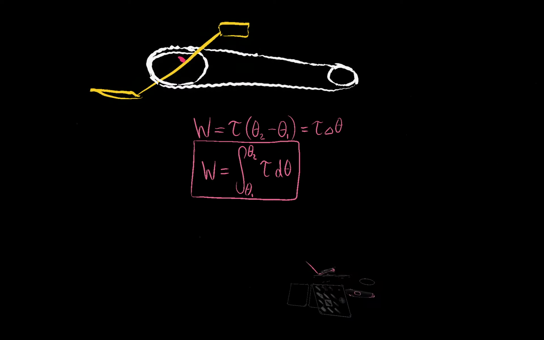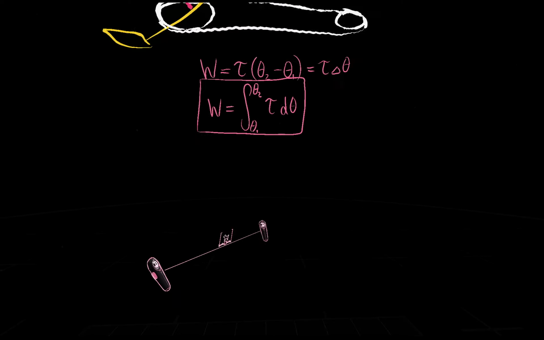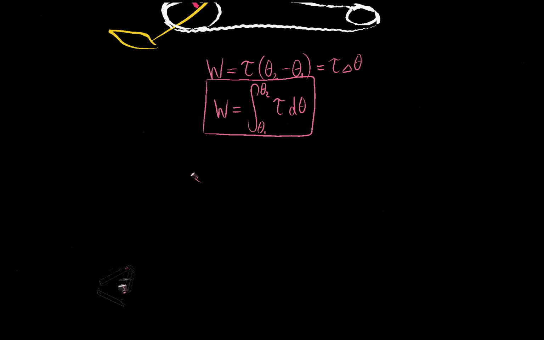And it can also be shown in the same way that we did for non-rotational work and kinetic energy, that the total change in work is equal to the change in rotational kinetic energy of a rigid rotating body. So in other words, the work energy theorem can be expressed rotationally, to nobody's surprise at all. And that goes like this.